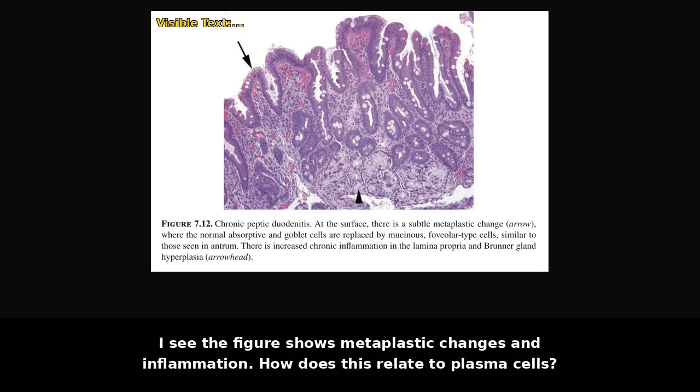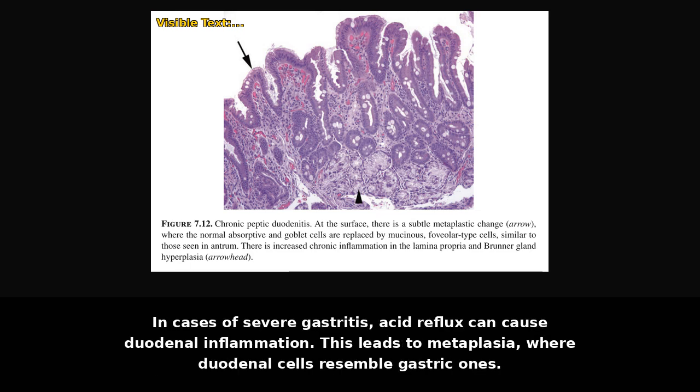I see the figure shows metaplastic changes and inflammation. How does this relate to plasma cells? In cases of severe gastritis, acid reflux can cause duodenal inflammation.